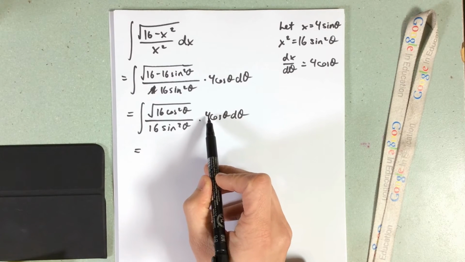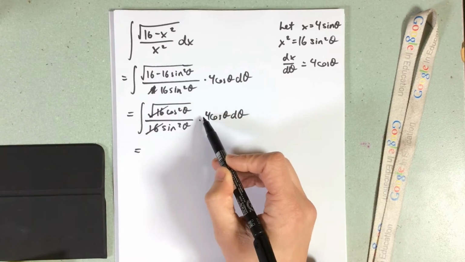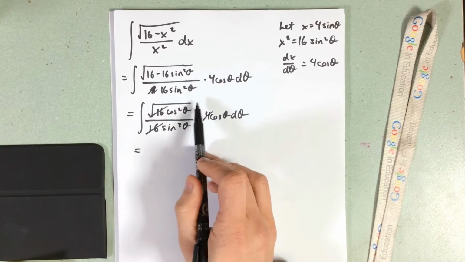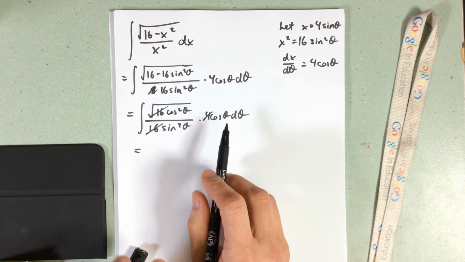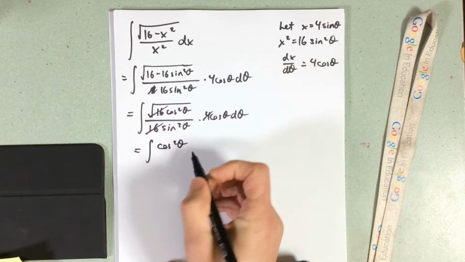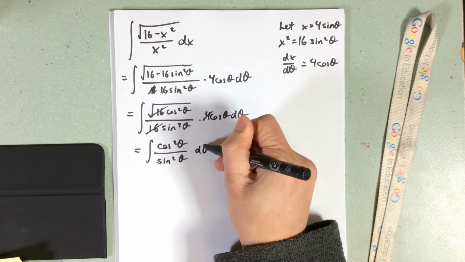Together with that 4, there'll be 16, and there's a 16 on the denominator. So I'm going to cancel all of those coefficients. That's kind of nice. Secondly, I've got the square root of cos squared theta, which, properly speaking, is the absolute value of cos theta. And then you've got another cos theta there. So you've got cos squared on the top, sine squared on the bottom.